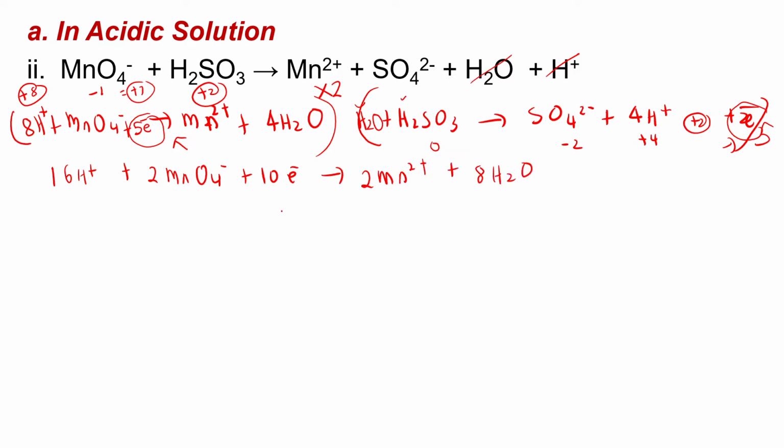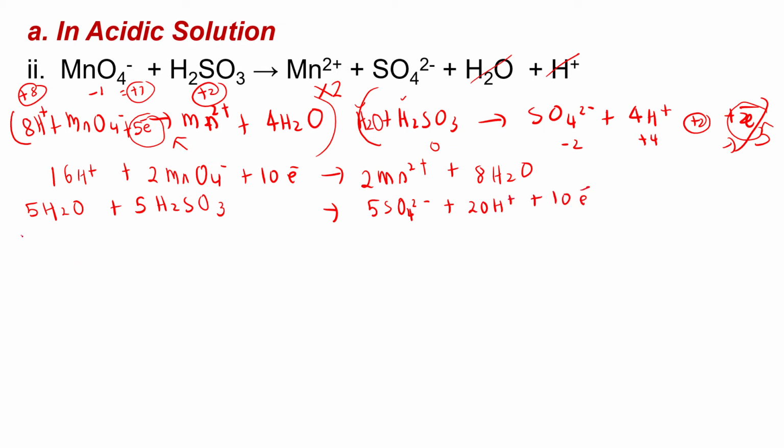Okay, the second half equation, times 5: 5H2O plus 5H2SO3 produce 5SO4 2- plus 20H+ plus 10 electrons.